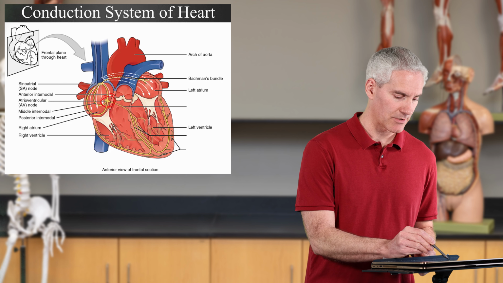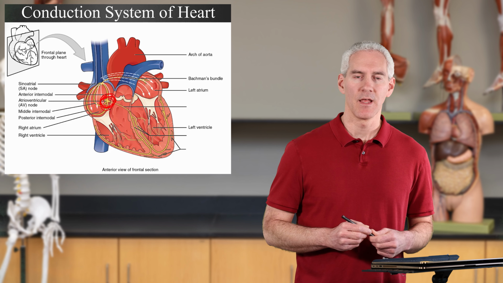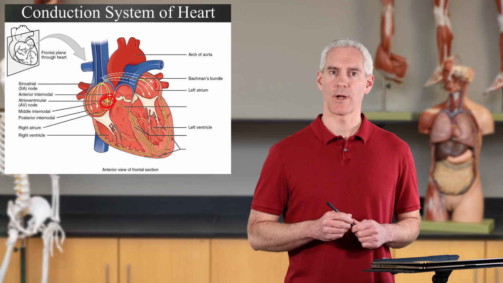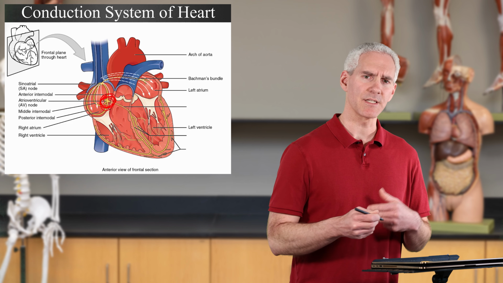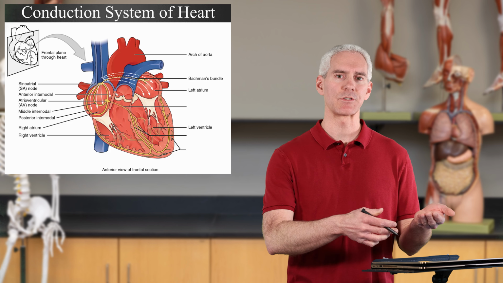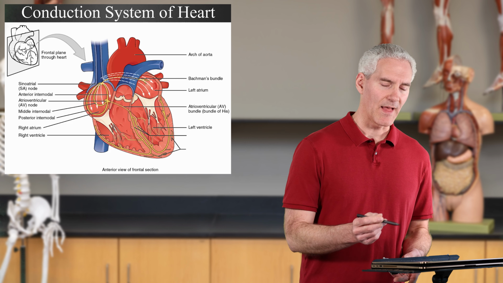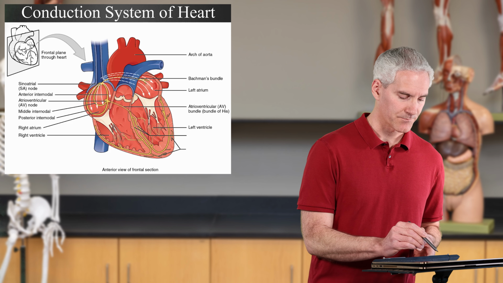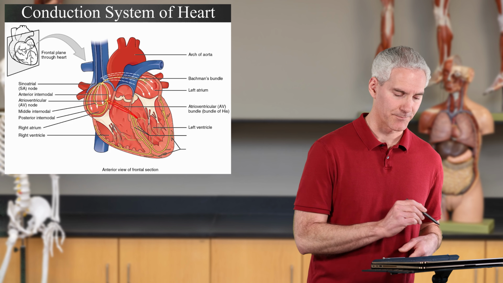From there, remember the next main step was the AV node or atrioventricular node. That's this structure right down here. It's a little bit lower down in the right atrium. It's going to pause the signal just for a moment. From there, the signal will head down towards the ventricles. That's the atrioventricular bundle. That's this line coming down.